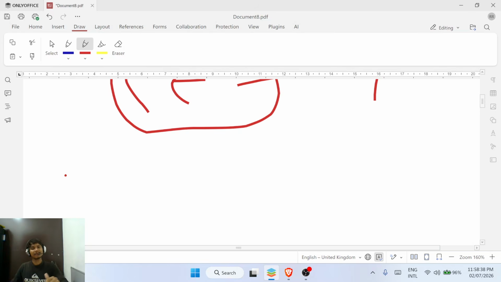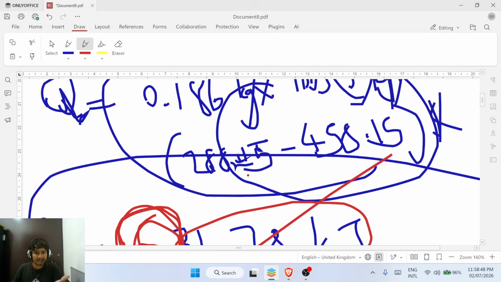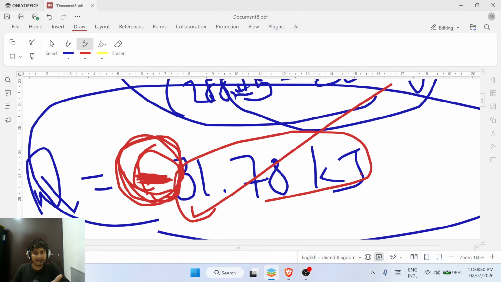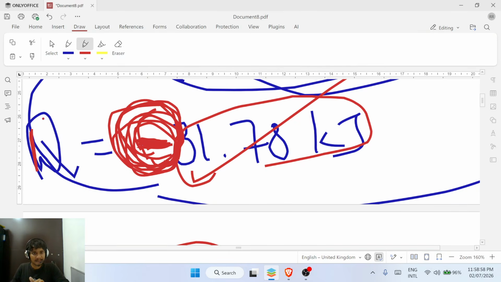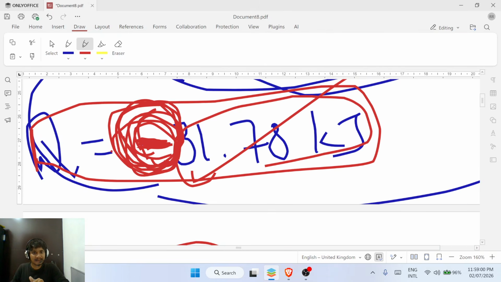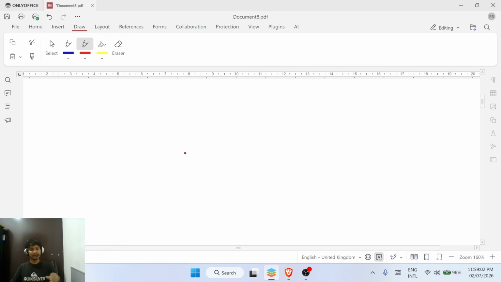Therefore in the statement we say that the heat transfer is 31.78 kilojoule. We don't mention minus when we say it in words. Mathematical notation only we use minus. It's a very simple thing.